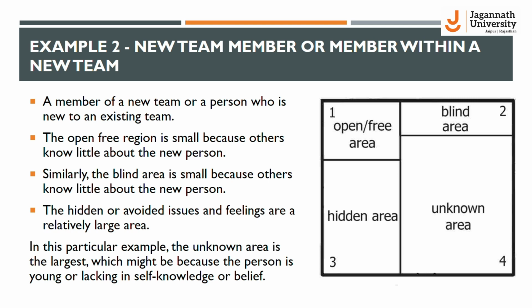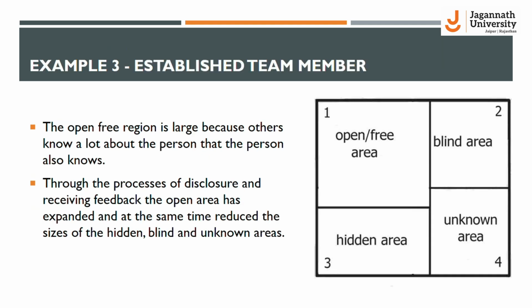The hidden or avoided issues and feelings are a relatively large area, and in this particular example, the unknown area is the largest, which might be because the person is young or lacking in self knowledge or belief. So when a new person joins a team or an organization, this is how the four quadrants are placed in the Johari window for that individual.